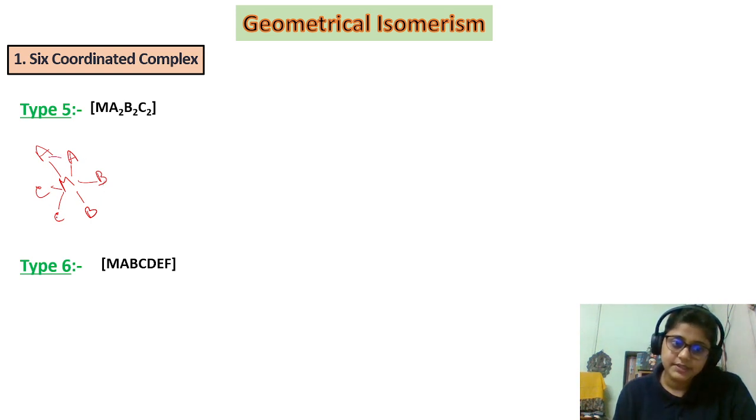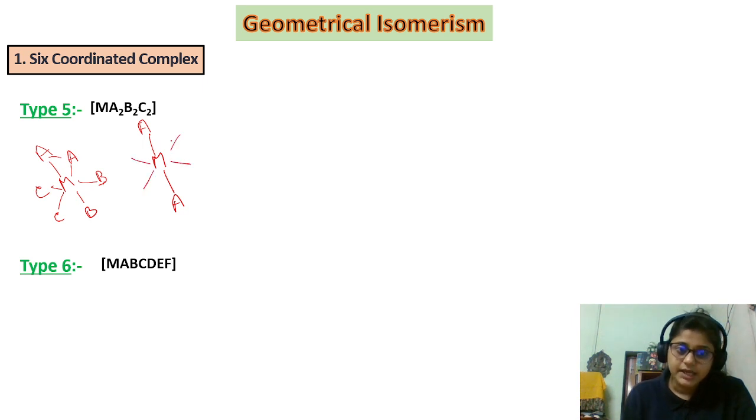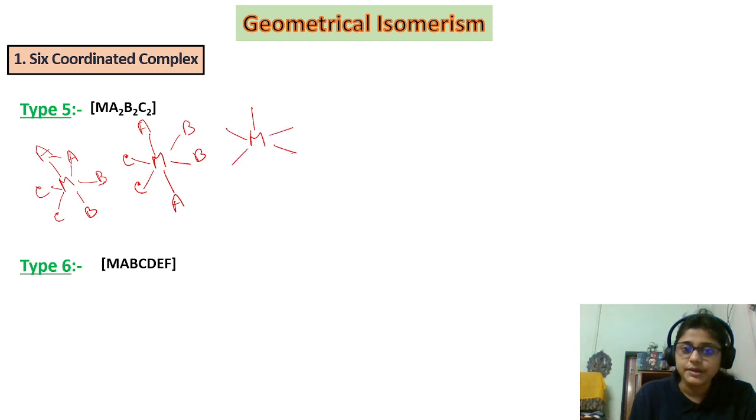Cis, cis, cis. Then I'll try to place one of the three atoms trans to each other. Let's say A, I am taking trans. The other four are possible, there are various possibilities. I can take B cis, and if I take B cis, two are left, so I have to take C as cis. One, two have been drawn, and here the third one will be placed.